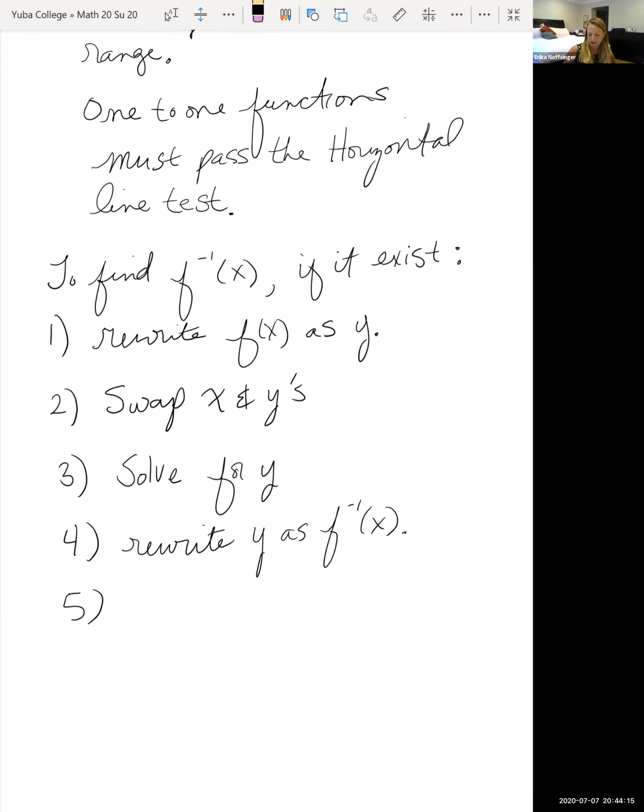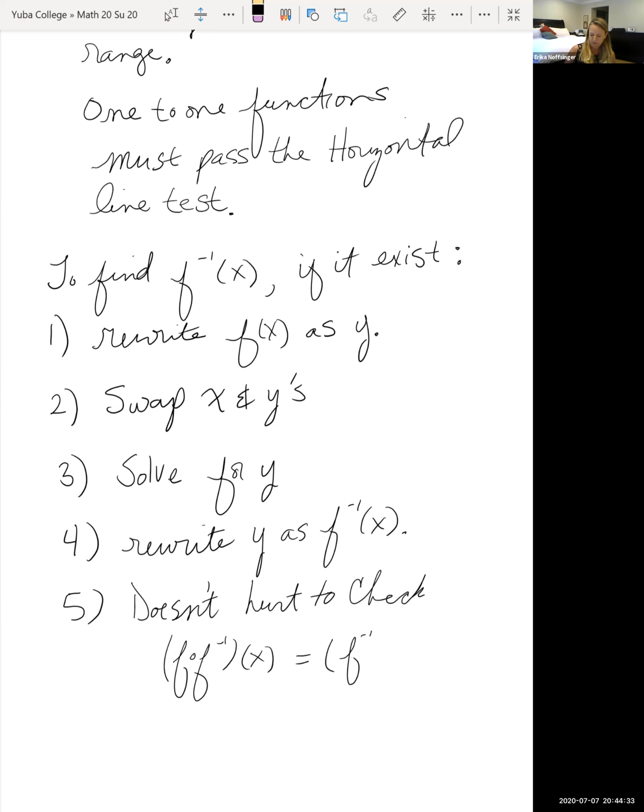And it doesn't hurt to check. You would check by showing that the composition, either way you took it, you would have gotten back x.